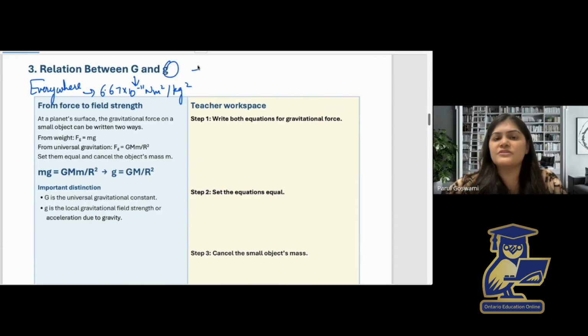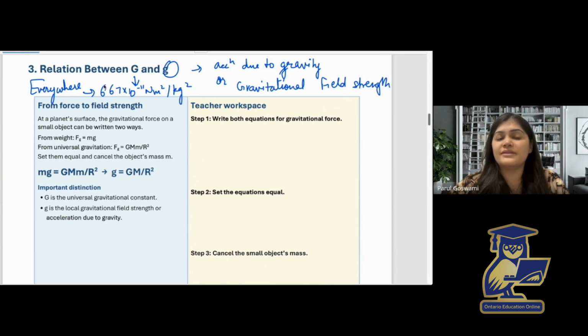And this small g, which is also the acceleration due to gravity or gravitational field strength, this value varies.